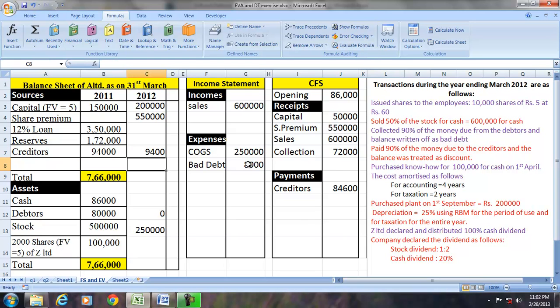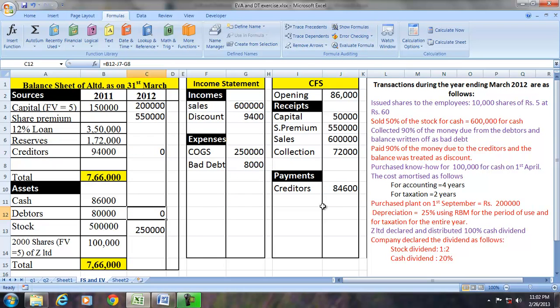The balance was treated as a discount, so discount received from the creditors is an income, so 9,400 is treated as an income, and the creditors will also become 0. The debtors have become 0 because of collection and bad debt. Creditors have become 0 because of payment and the discount.